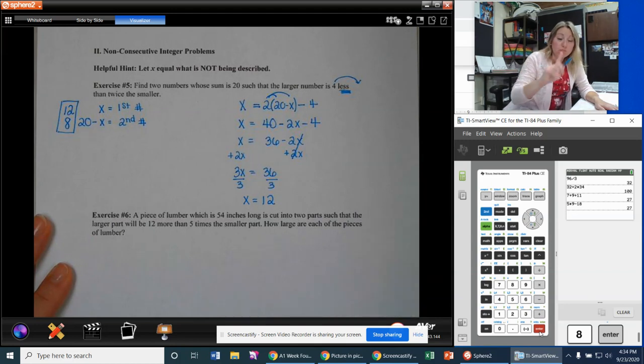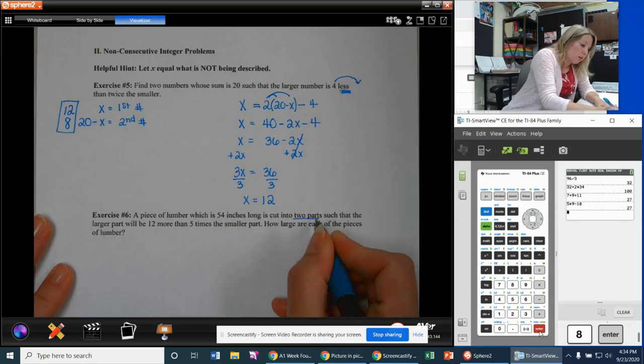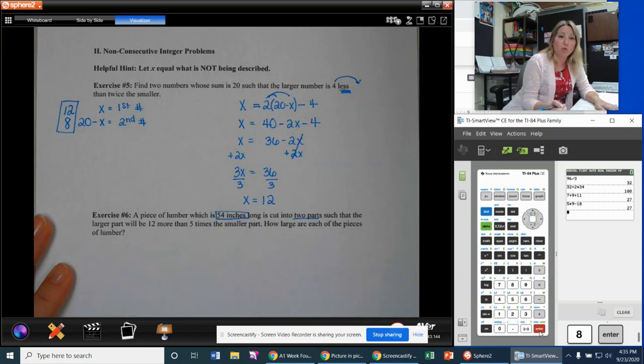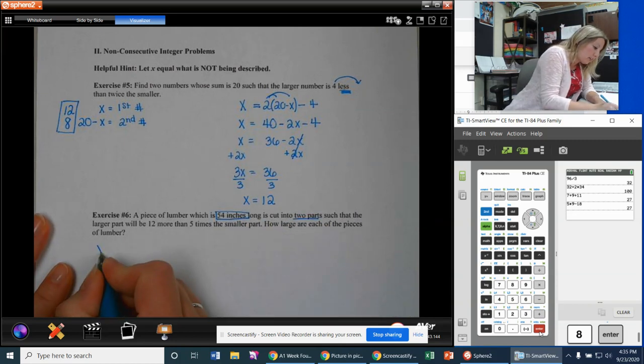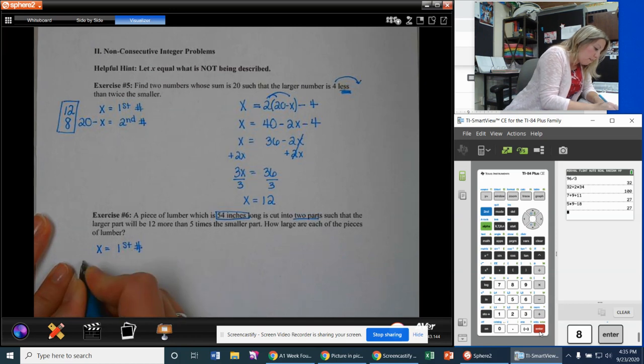Well, I know there's 2 pieces, and I know they are 54 inches long, right? It says right here, 2 parts, and 54 inches long is my total. So if X represents my first number, then 54 minus X will be my second number.